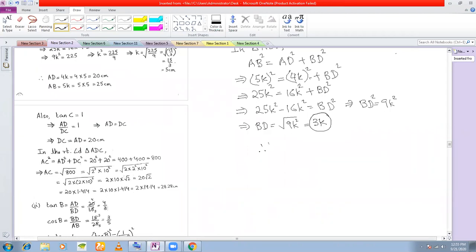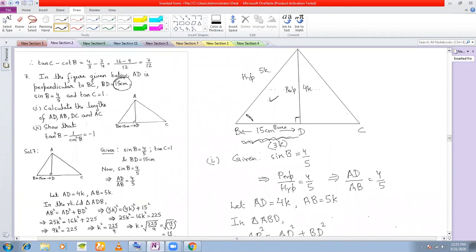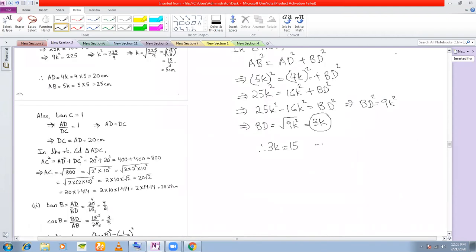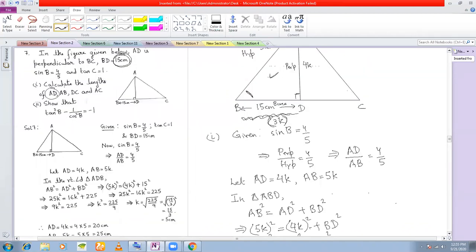So therefore 3K must be equal to 15, right? Because the length of BD here in the question is given to be 15, and we have found out BD in terms of K as 3K. So from this we get the value of K as 15 by 3, which is 5. Once I get the value of K, now I can find out the length of AD and AB.